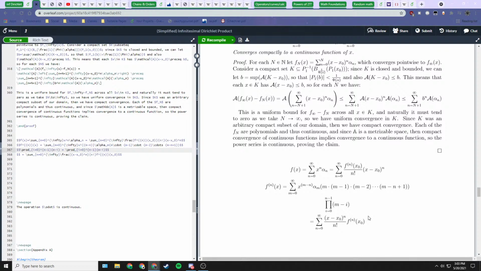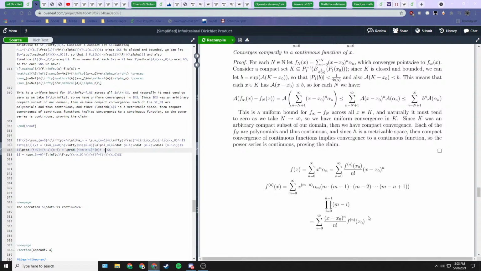Alternatively, instead of doing m plus i, we can just do m minus i, which would be m minus n plus 1 up to n. Okay, like that. That's this.